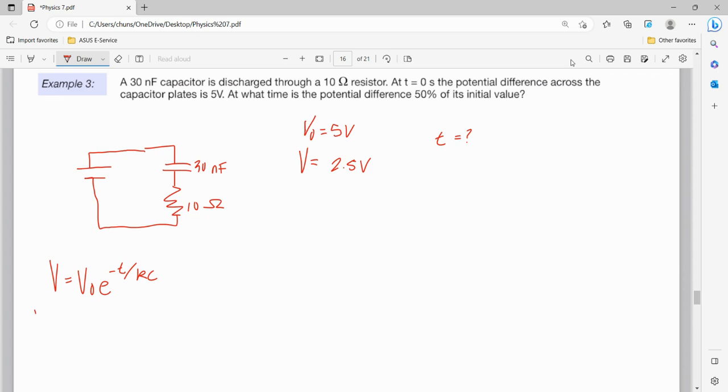Okay, and when we take this V over V naught, hold on, sorry, this is our new value. So this is like saying 5.